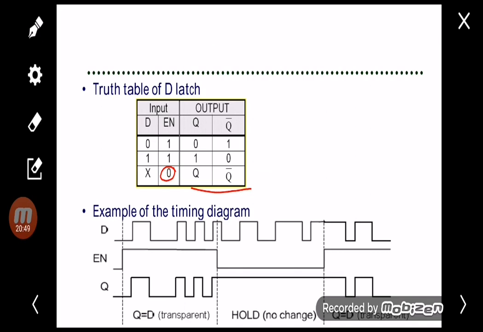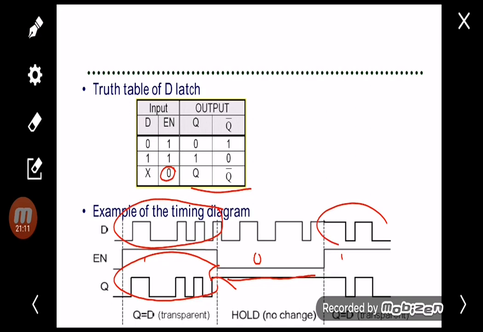For example, like this one, E is equal to 1, so it will copy all the input from here. You can see it is just like transparent, copying the input from D. When enable is 0, it will hold the previous value from here. And when this is 1, it will follow the D here.